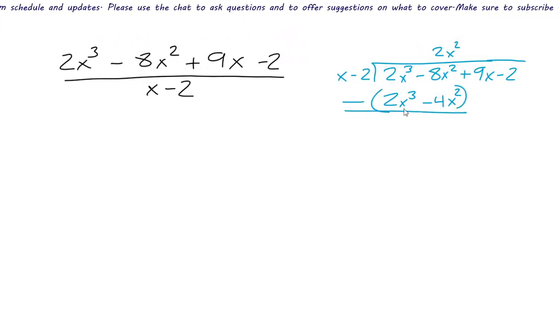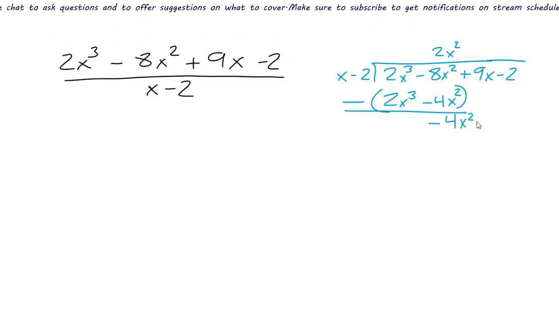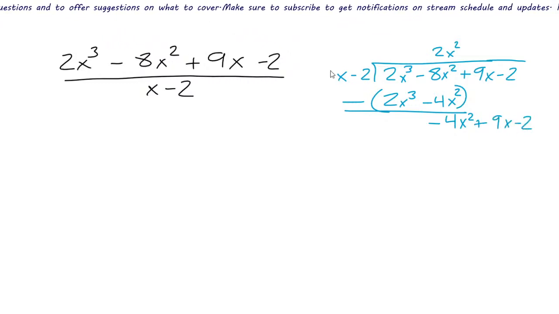2x cubed minus 2x cubed is 0. Negative 8x squared minus negative 4x squared, so negative 8 plus 4 is going to be negative 4x squared. Bring down the rest. What can I multiply x by to get to negative 4x squared? You can multiply by negative 4x. Multiply.